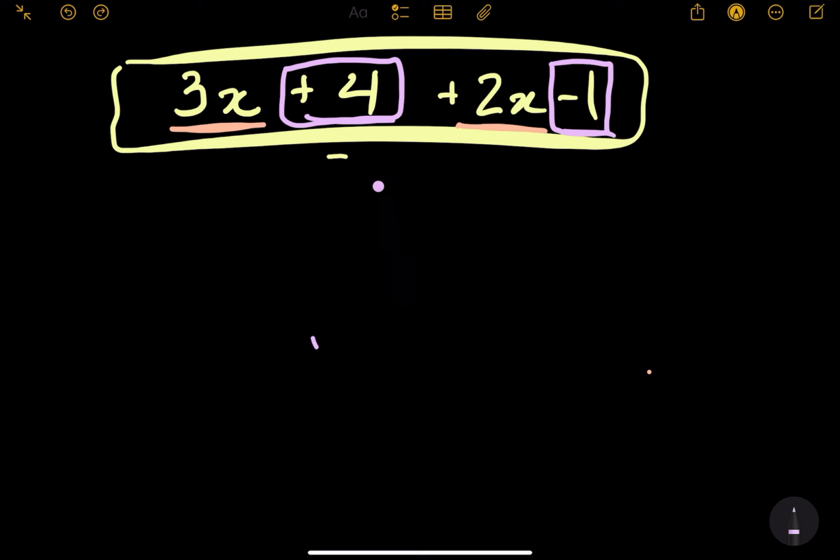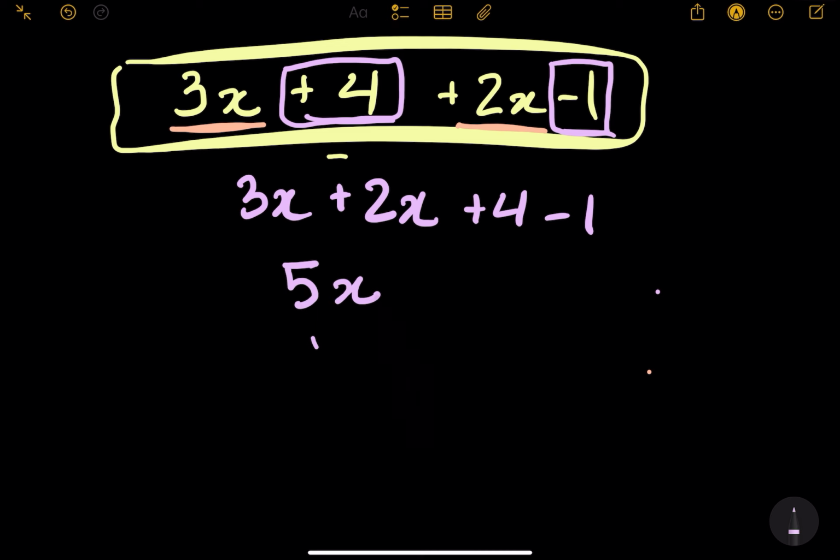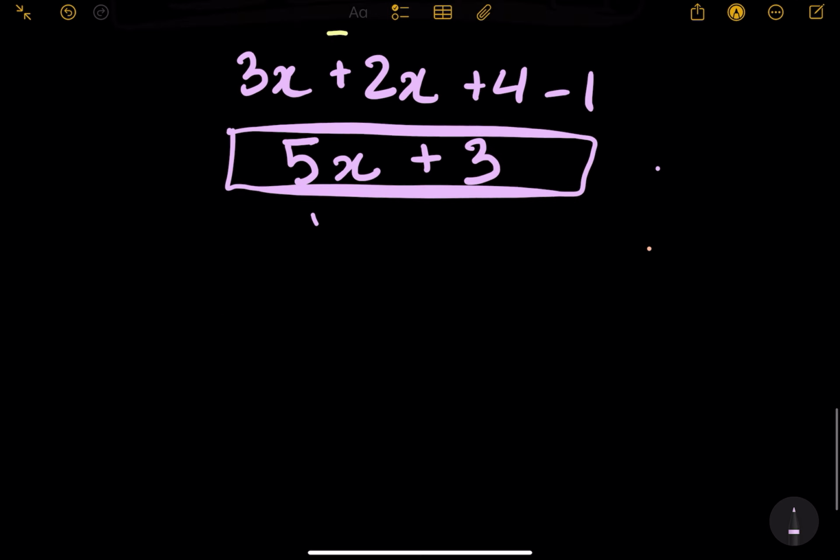So the 3x plus 2x, and then the 4, we're going to do plus 4 minus 1. Now simplify. 3 plus 2 gives us 5x, plus 4 minus 1 gives us 3. So this is our simplified expression.